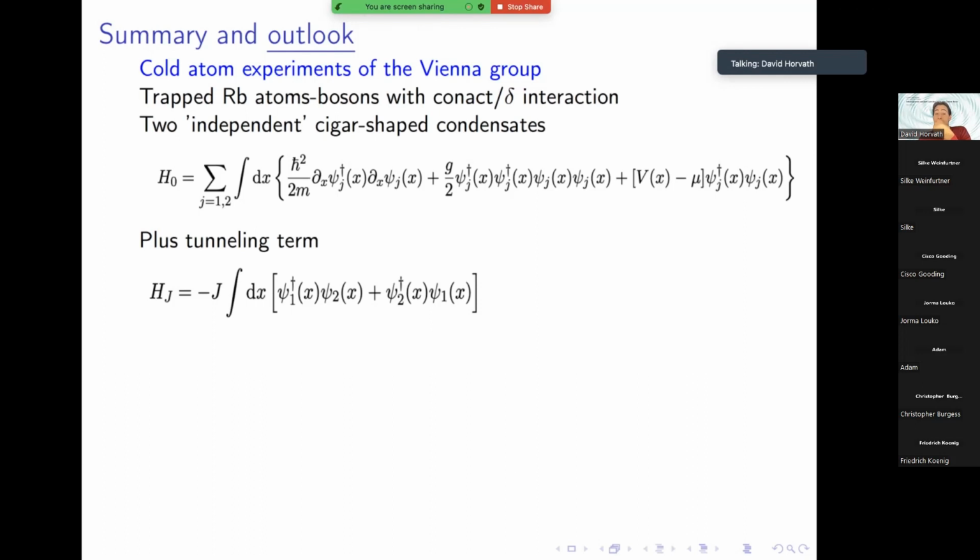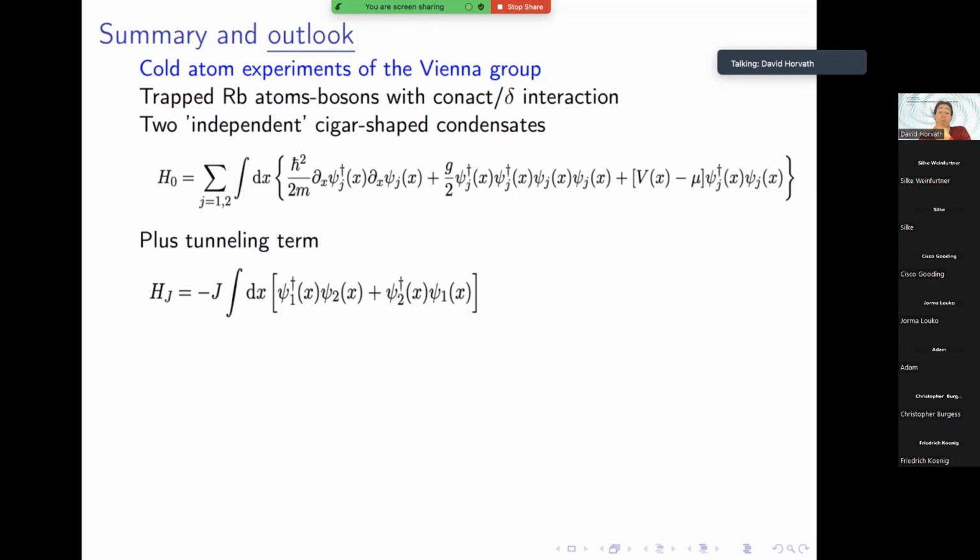So what they can do is have a longitudinal potential, a very shallow parabola, and of course a very steep transverse potential. Again, I would say a parabola. And as you may know, if the transverse potential is very steep, then the transverse modes are high energy modes, and they are not excited at low temperature.